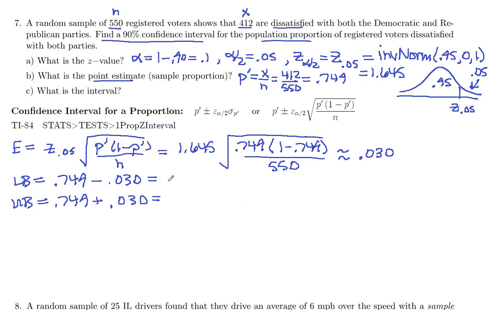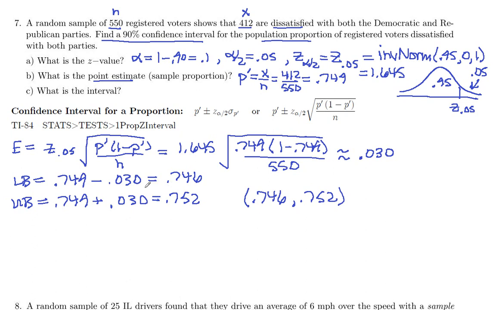So let's see, this will be 0.746, and then 0.752. So our 90% confidence interval is 0.746 to 0.752.